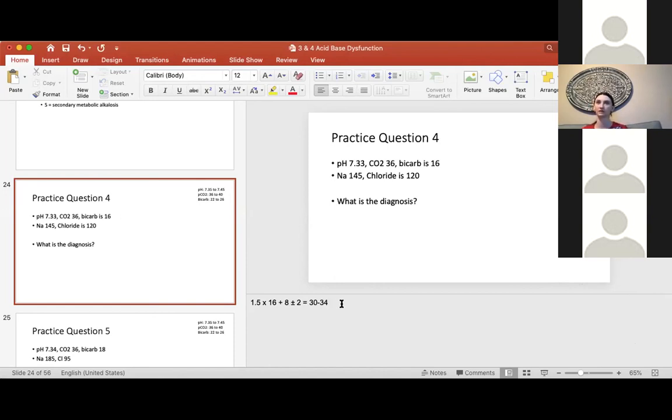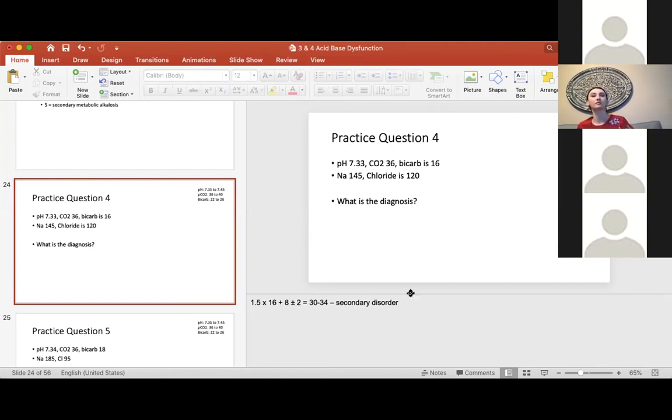Okay. So does our carbon dioxide go in that range? No. Okay. So it doesn't go in the range. So now we've got a secondary disorder. Now we need to look and see, and so our CO2 is going to be high.